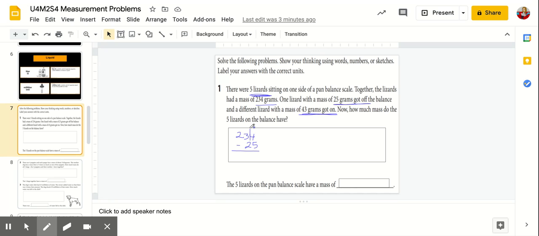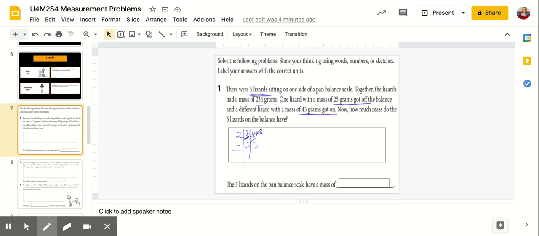I'm going to split up my place value, and I know I cannot take 5 ones away from 4 ones, but I could take 5 ones away from 14 ones. So I'm going to steal from the tens column, and I'm going to give 10 over to the ones column.